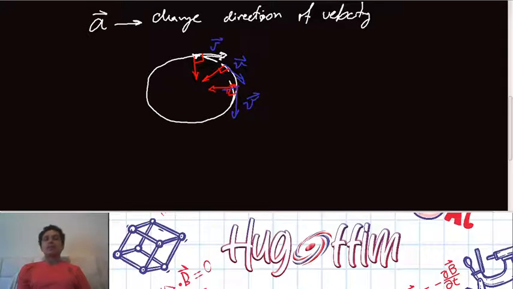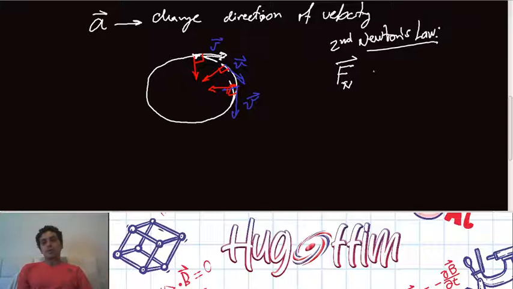Okay, so now we're going to use Newton's second law to see how we can model the force, the velocity and the acceleration in this case. If we apply Newton's second law, the total or net force is going to be mass times acceleration.